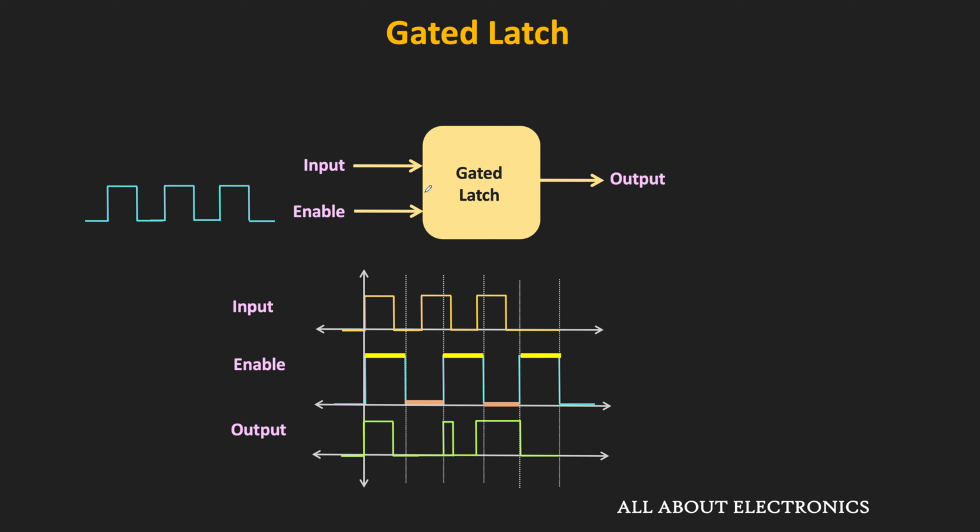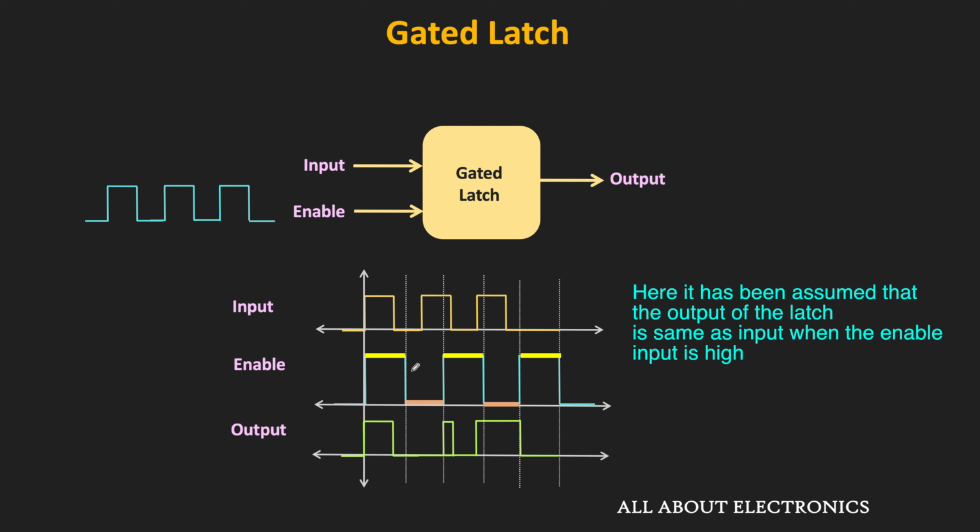So let's say here we have one gated latch and the clock signal is applied as the enable input. The signal shown in blue color is our clock signal, and that signal is applied at the enable input. As you know, this gated latch will become transparent when the clock signal is high, or in other words when this enable input is high.